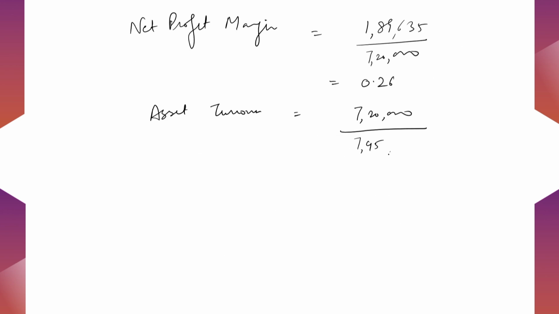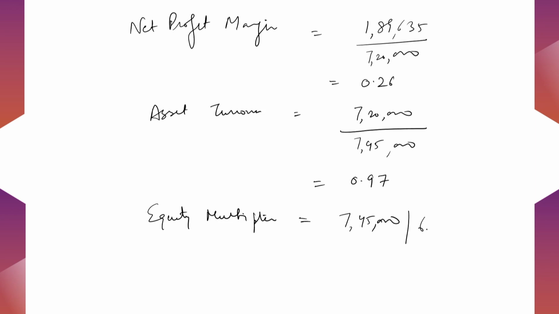So, we got the figure of 0.97. Then we have the equity multiplier, where we compare our total assets of 7,45,000 with the shareholders' equity, which we computed as 6,69,635, and we got the figure of 1.11.